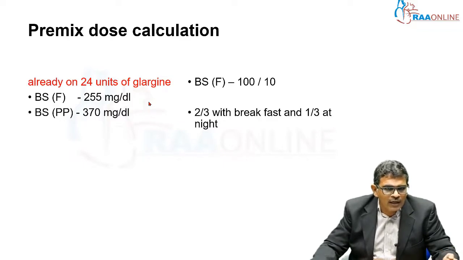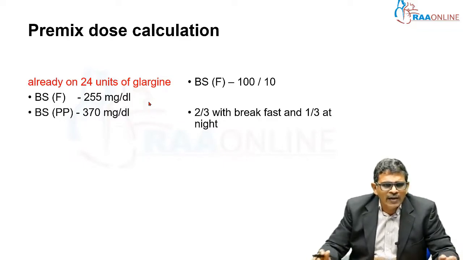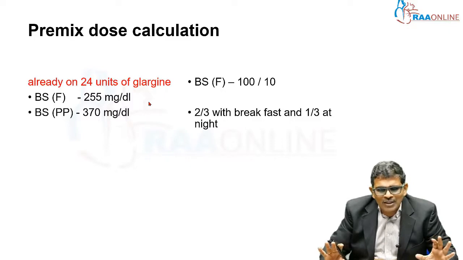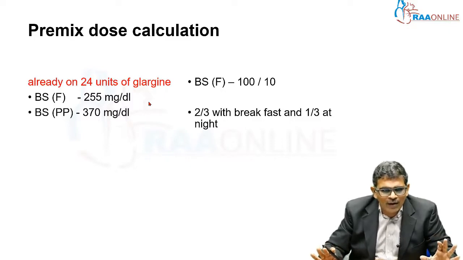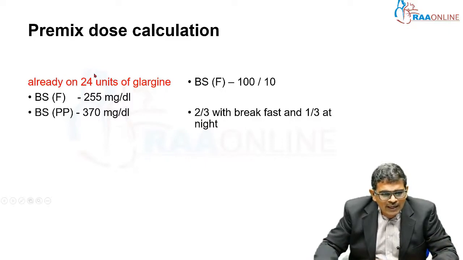How are we going to calculate the dose in this patient? Again, we can retain the same rough formulas that we have discussed. The patient is already taking 24 units of glargine and his fasting is about 255. Use the same formula: 255 minus 100 divided by 10, which is 155 by 10.